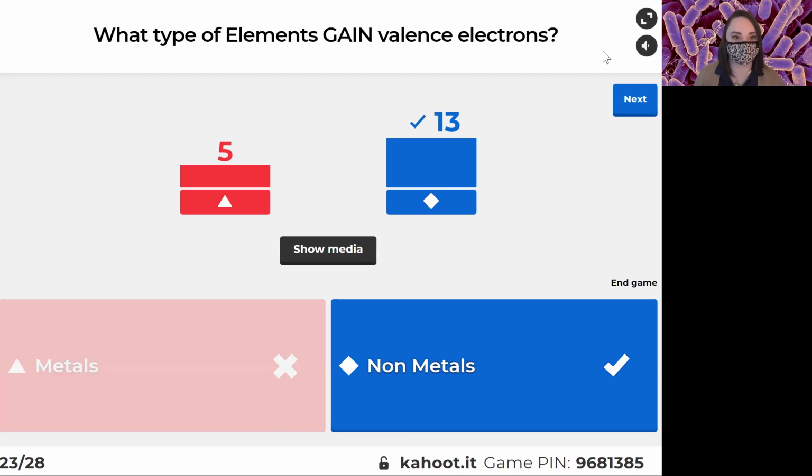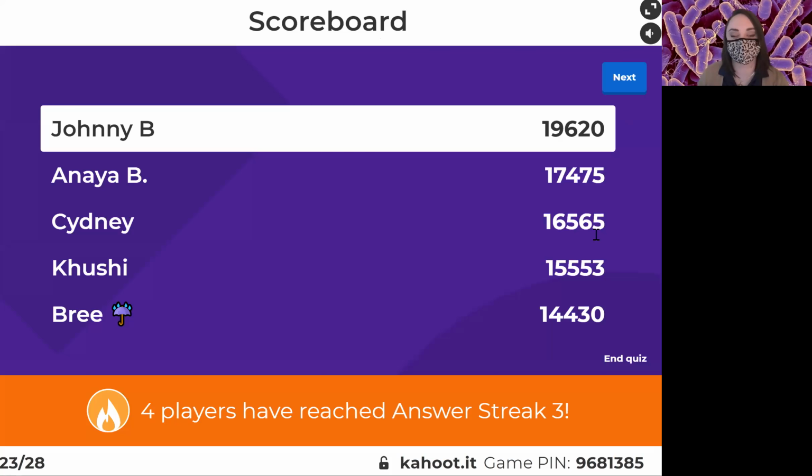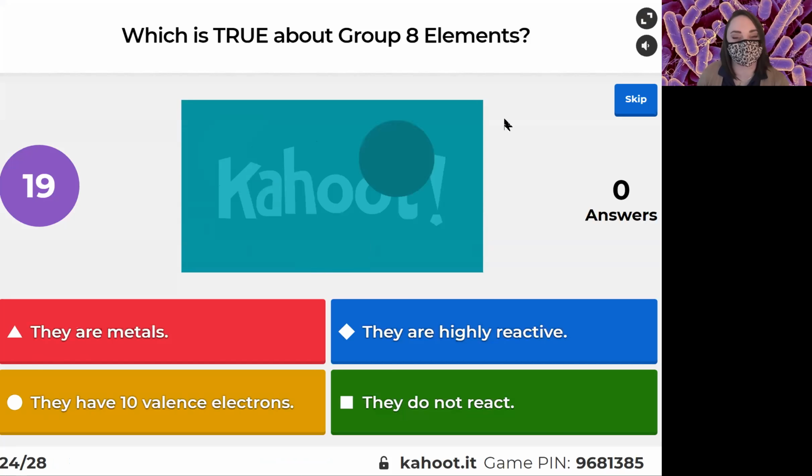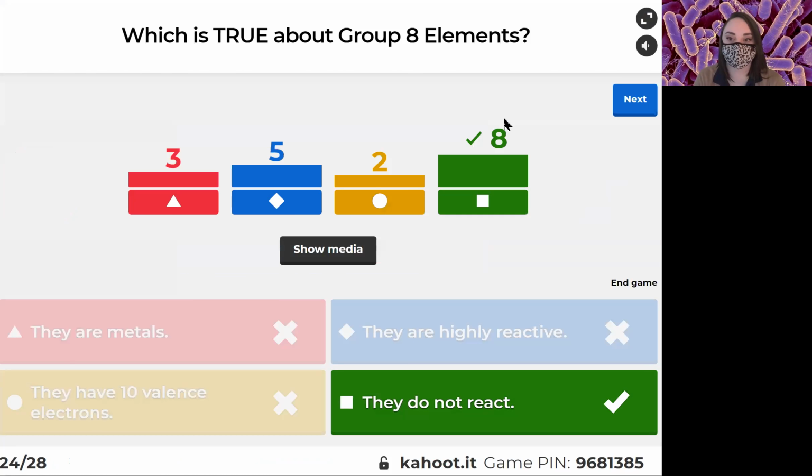Good, non-metals, the ones on the right-hand side of the periodic table. Which is true about group 8 elements? Good, they do not react at all.